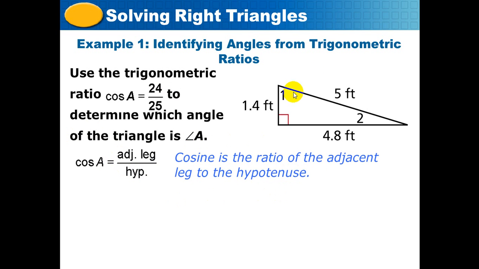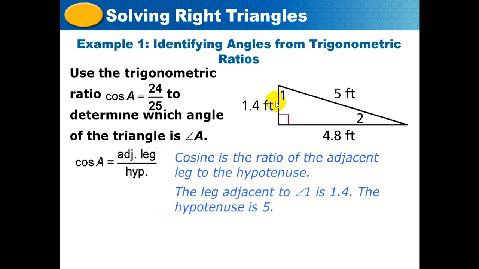Let's try angle 1. The adjacent to angle 1 is 1.4 and the hypotenuse equals 5. So cosine 1 equals 1.4 over 5, which equals 7 over 25, not equal to 24 over 25. So let's try angle 2.